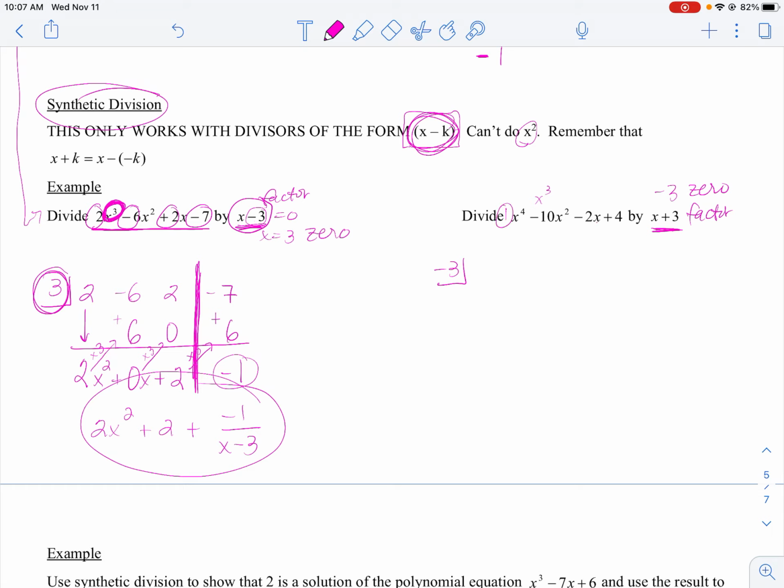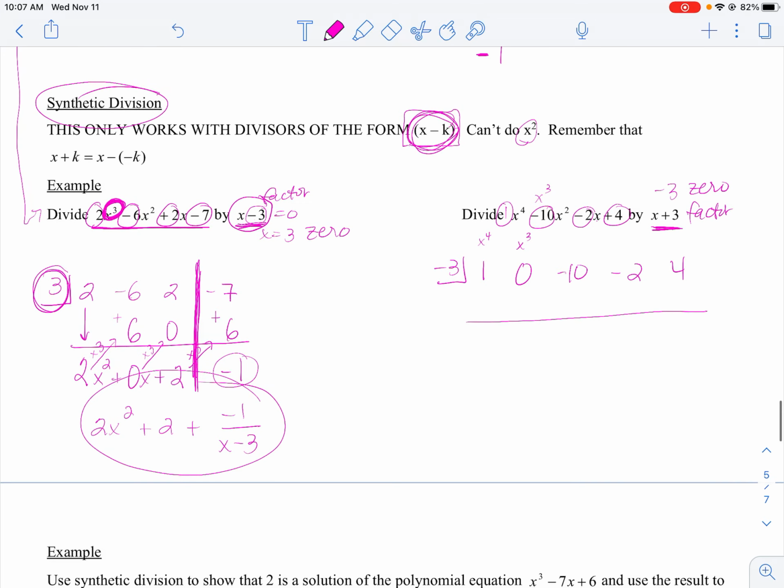So when you put down your coefficients, the 1, the negative 10, the negative 2, and the 4, if this is to the 4th power, where the 3rd power would go, you need to have a 0. And then negative 10, and then negative 2, and then 4. So dropping that first number down, multiplying to get back up, adding to go down, and repeating that process.